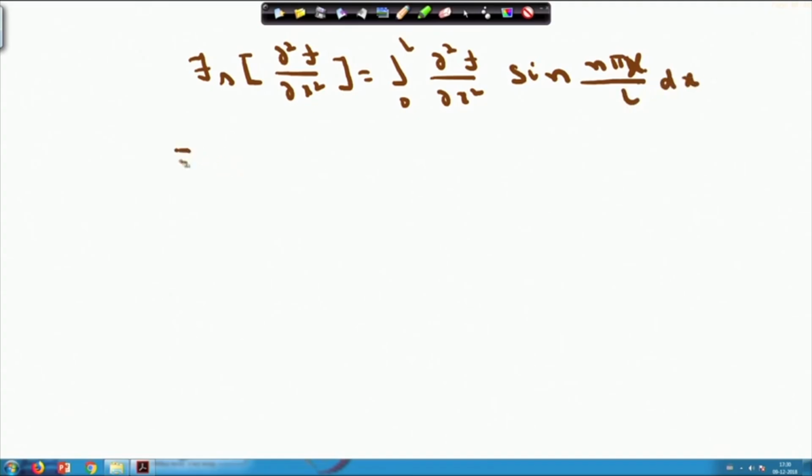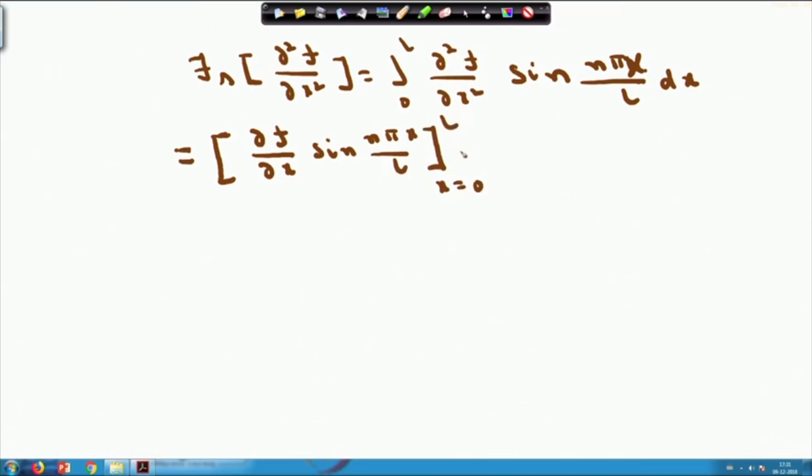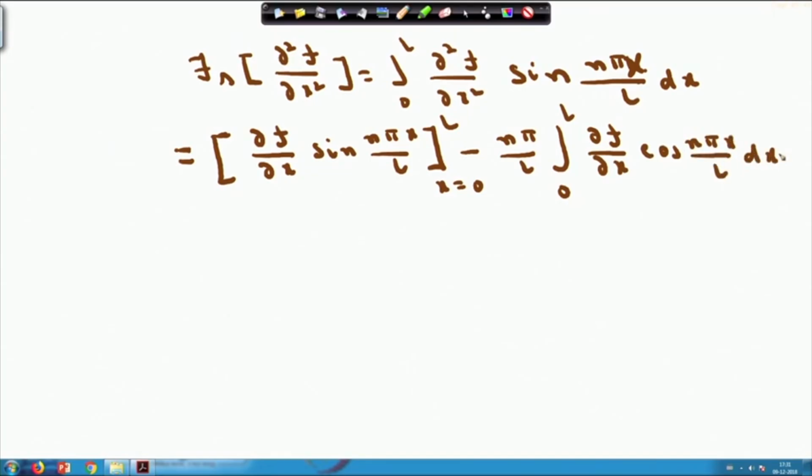So the first part will be equal to ∂f/∂x into sin(nπx/L), with x from 0 to L, minus nπ/L into the integral from 0 to L of ∂f/∂x into cos(nπx/L) dx. So the first part will vanish again.